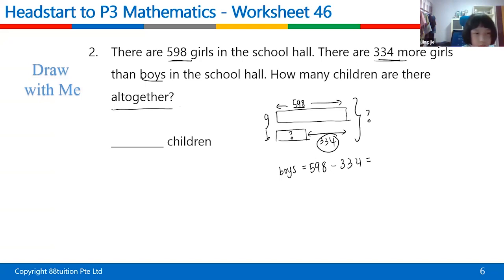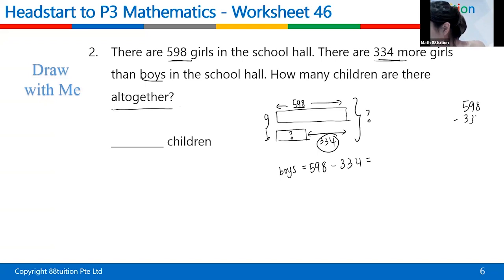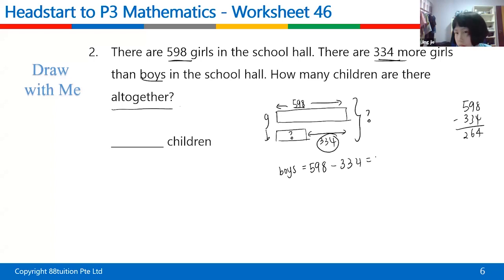The answer is 264. Very good. So 598 minus 334, I get 4 here, 6, 2. Good. So this is the number of boys, correct? Yes. Okay, what is the next step?